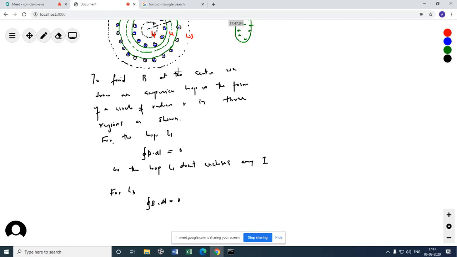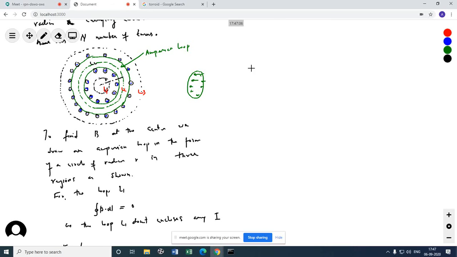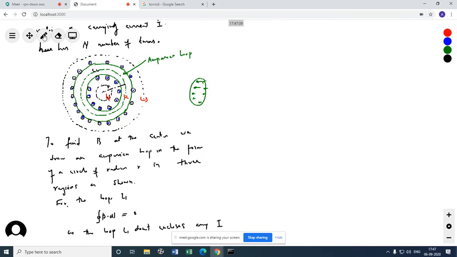But for L2, what you can do, we can define a dl. This is our dl, at a distance r. This is r. The direction of dl, the direction of this length vector, is tangent to this point, okay?